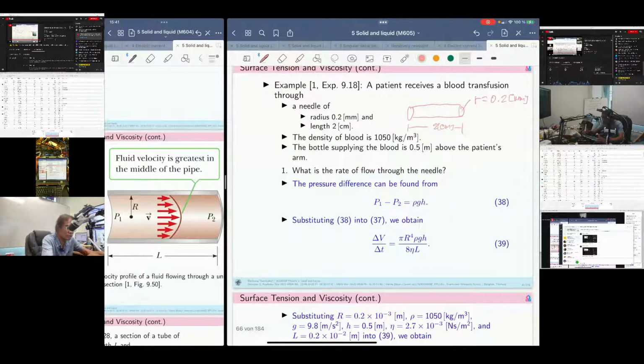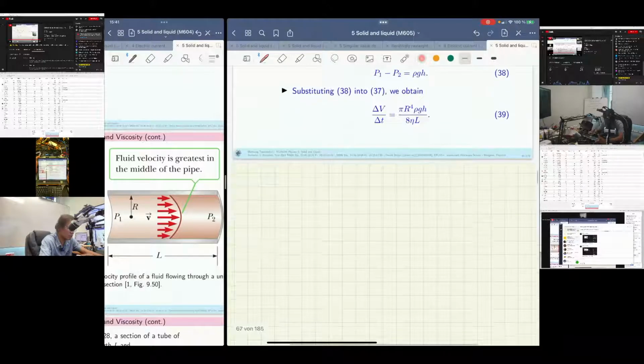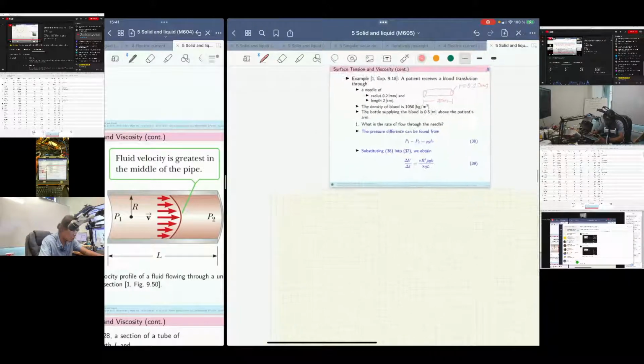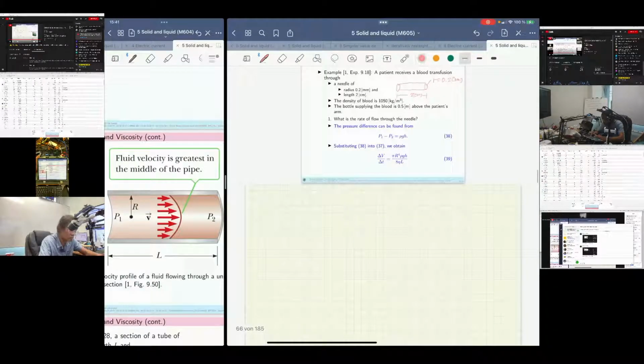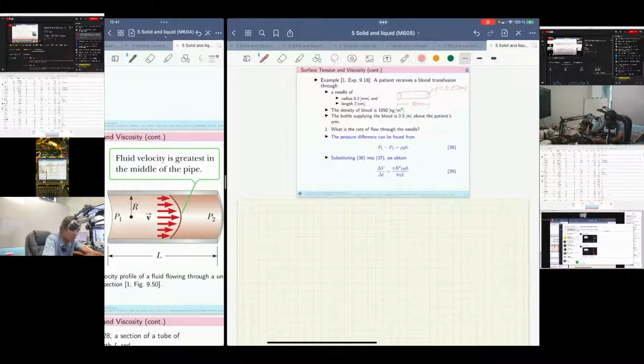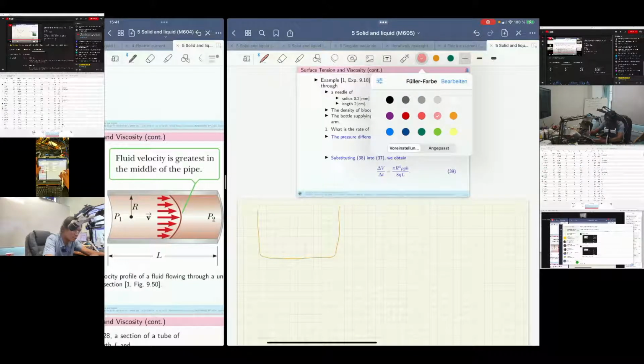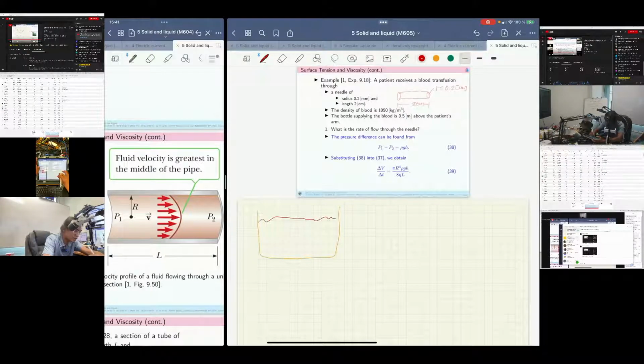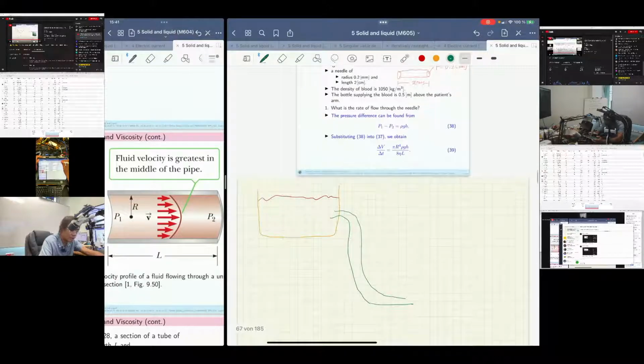So let's draw the whole mechanism, the whole experimental setup here. You have a container like this, and you leave the blood inside this container, and you connect it through to the pipe, and here is the needle.